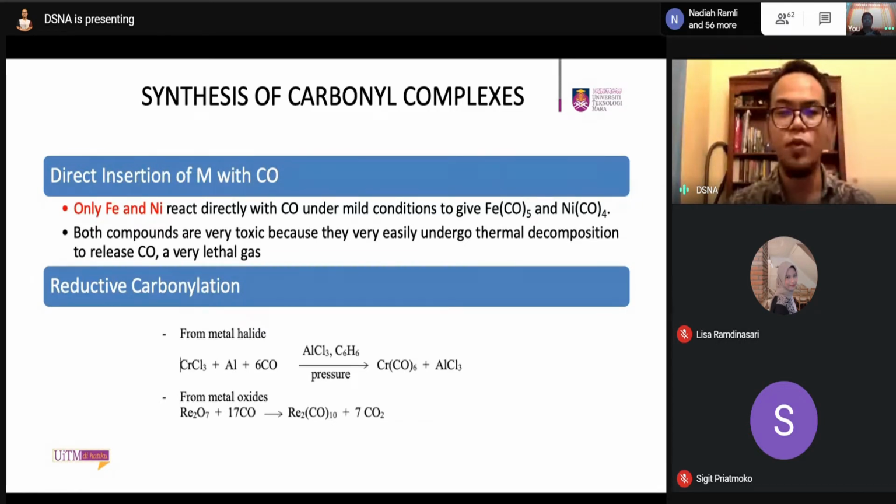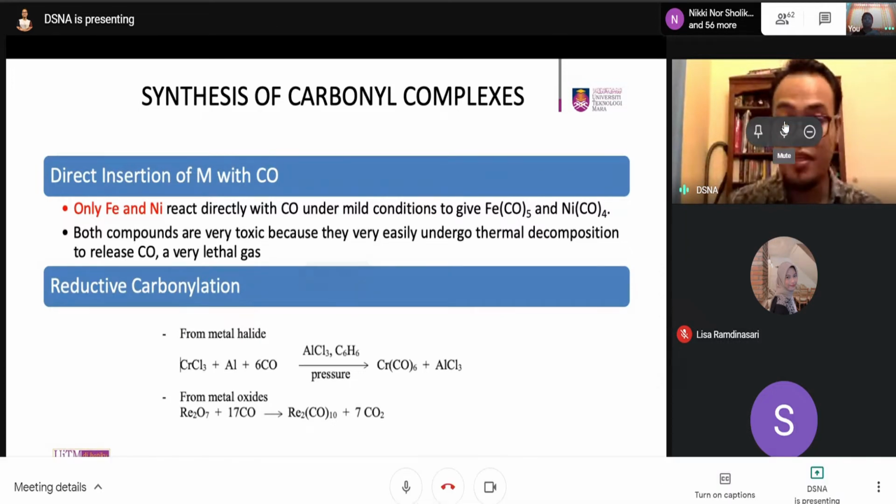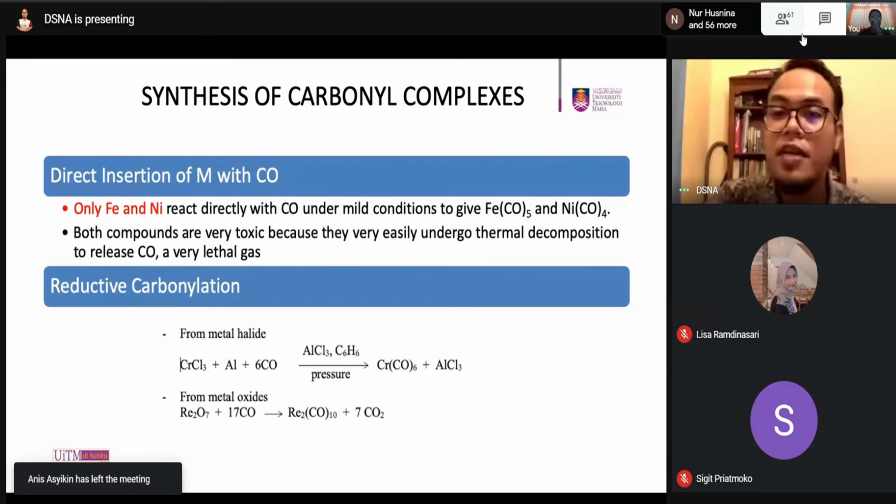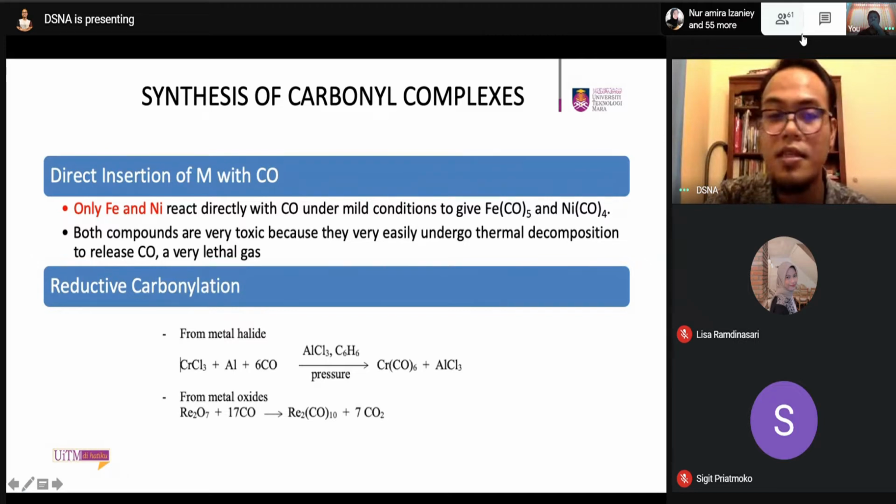Direct insertion means we are just passing carbon monoxide through the metal, and you're going to get your organometallic compound. So we have iron pentacarbonyl here, and we have nickel tetracarbonyl here. But as I said, it's very toxic because it can easily undergo thermal decomposition. It can't withstand high temperature, or else it will be decomposed.